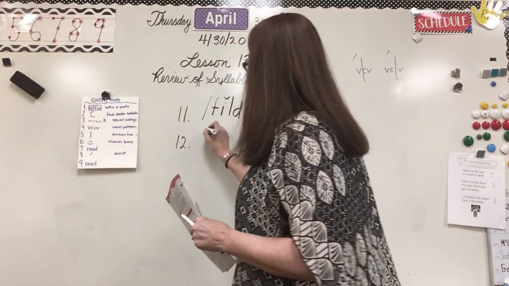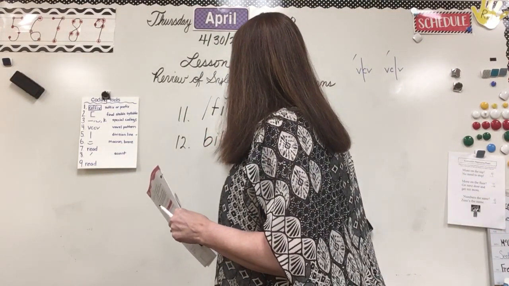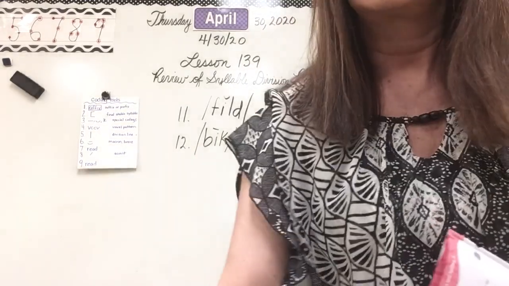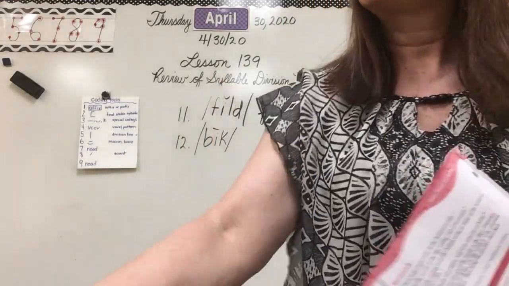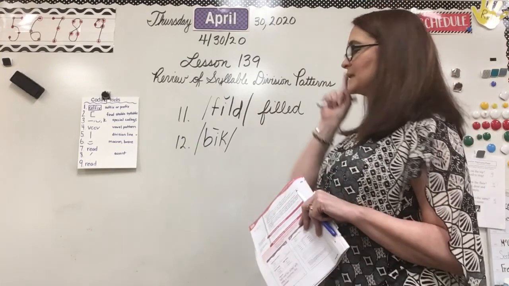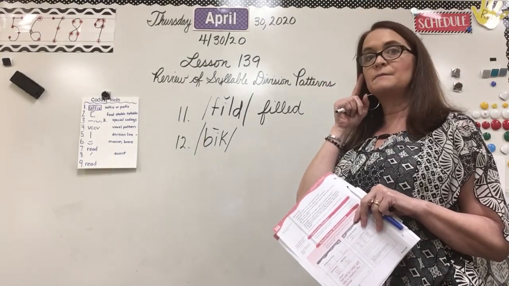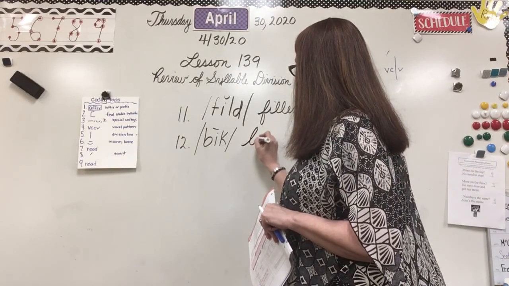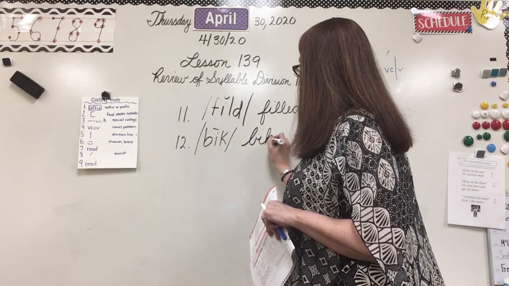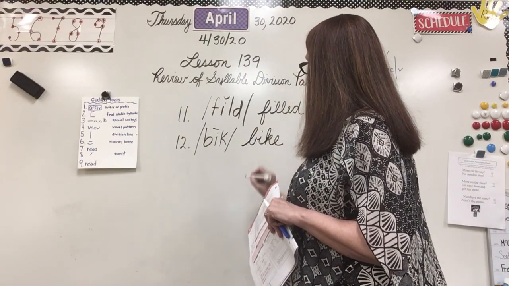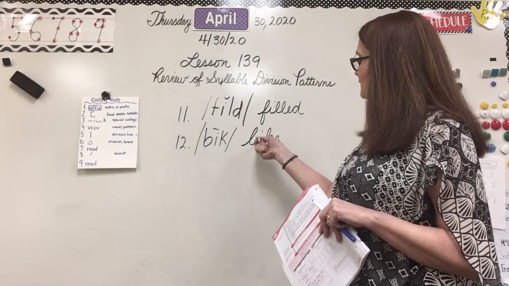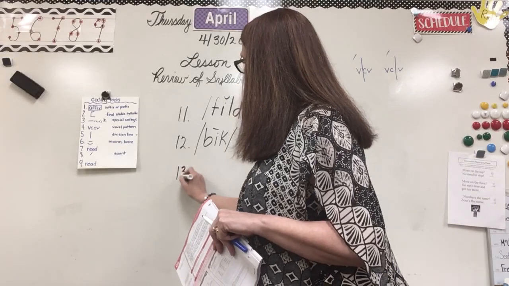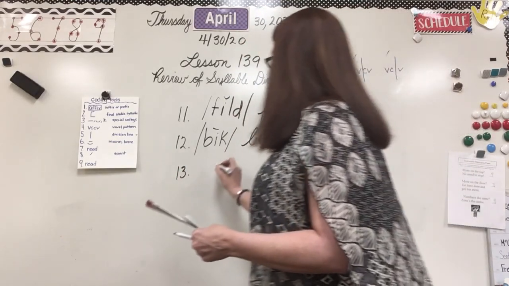All right, number 12. Caleb, how do you pronounce that? Yes, bike. How do you spell it? B-I-K-E. Silent E. That's vowel, consonant, silent E. Nice job. All right, number 13.